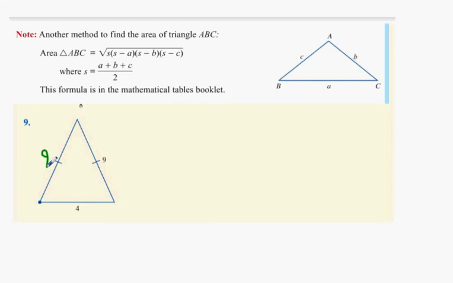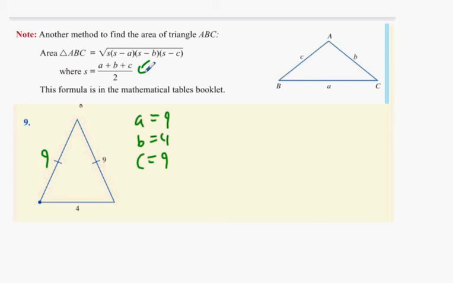Now, this formula works off the principle that you label one of your sides A, one of your sides B, and one of your sides C. Doesn't matter what way you do it. So I can go 9, I can call B 4, I can call C 9. You can have any variation of that, it still works. The first thing I'm going to do is calculate a random letter called S. S stands for absolutely nothing.